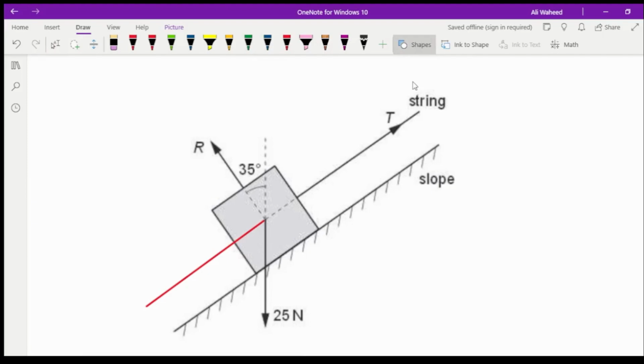And I can also extend this line down over here like this. All right, and then this angle would also be 35, vertically opposite angles. This angle would also be 35.